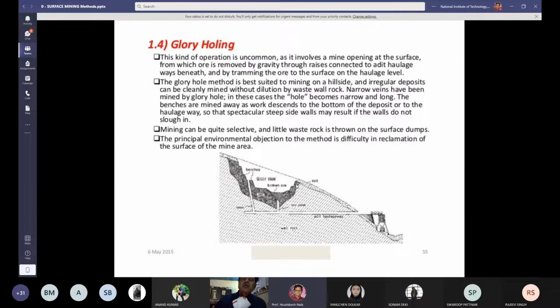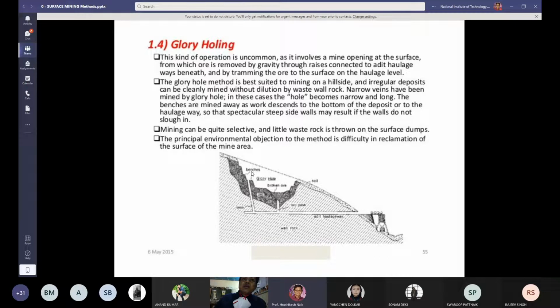The black portion is the mineral, and you have to drive a horizontal adit, and after that you will go for vertical holes, the glory holes. These glory holes will be used for transportation of the mineral.